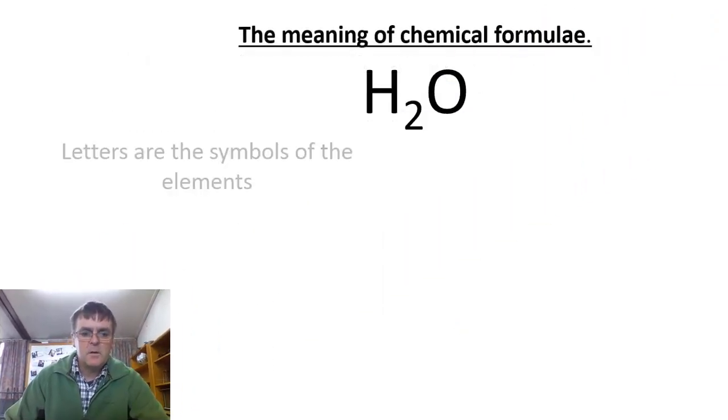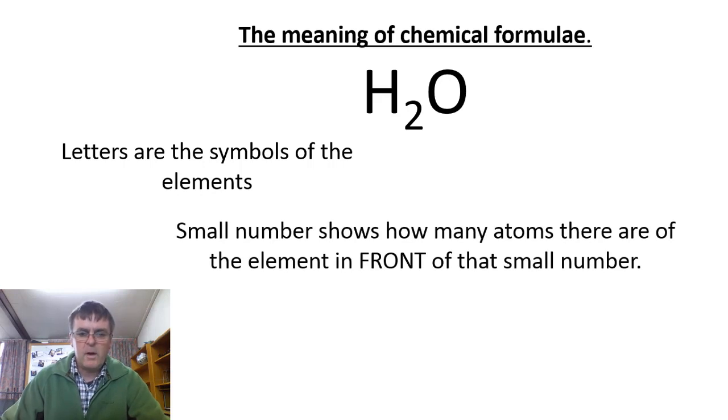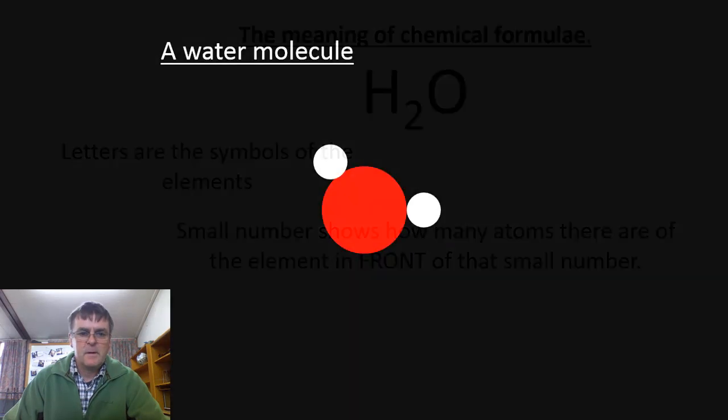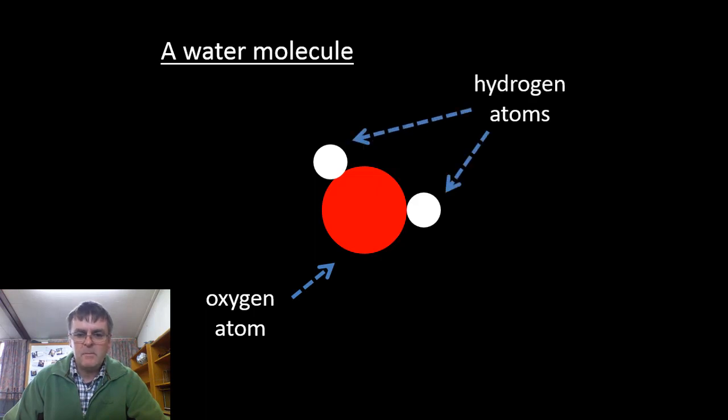So the letters are the symbols of the elements, hydrogen and oxygen in this case, and the small number shows how many atoms there are of the element in front of it. It applies only to the element in front of the small number. So there's our water molecule: oxygen atom there, hydrogen atoms there, symbol H2O.